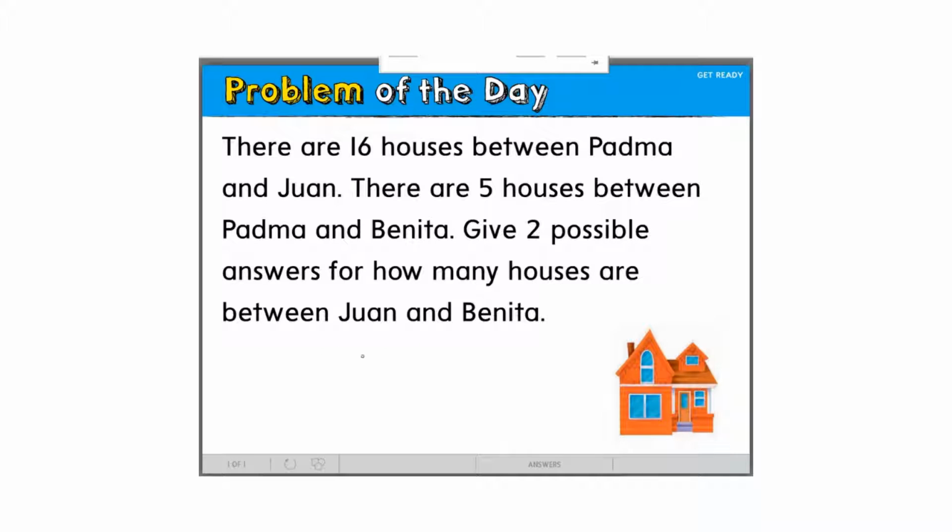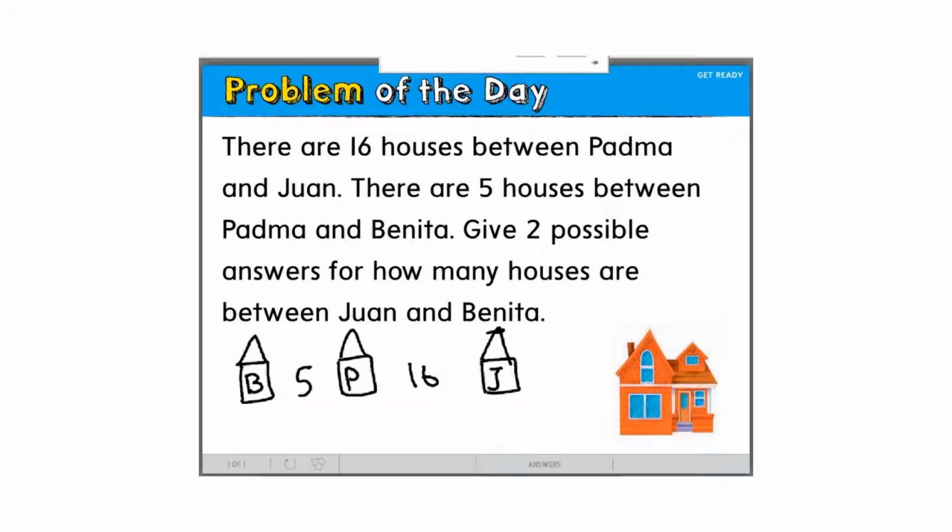So let me redraw this because I need some space on the other side of that. So here's Padma's house, 16 houses, and then here's Juan's house. Now, if we say that Benita lives on this side of Padma, that would be 5 houses away, 5 houses in between.